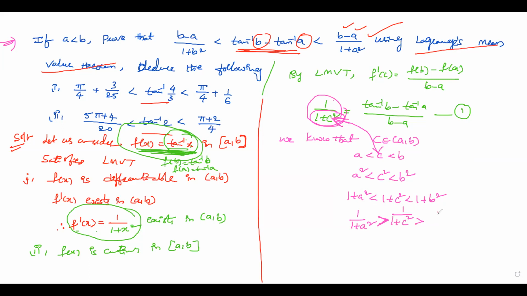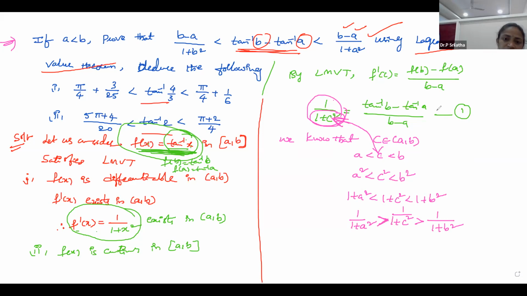1 by 1 plus b square, isn't it? So now we have to substitute this 1 by 1 plus c square value. So what is the value of 1 by 1 plus c square?